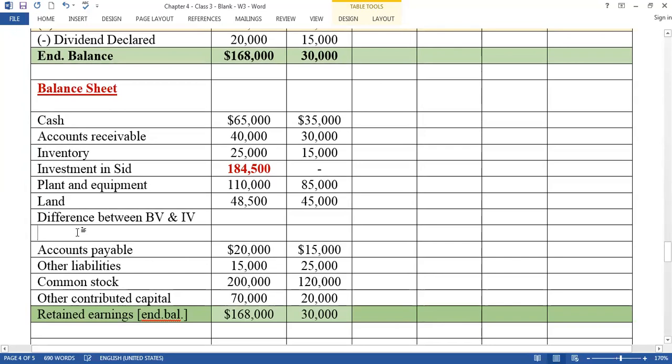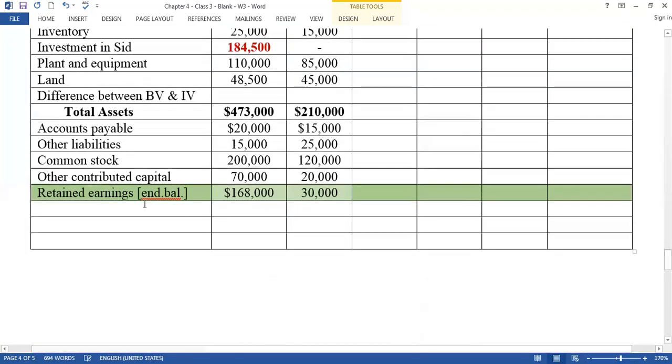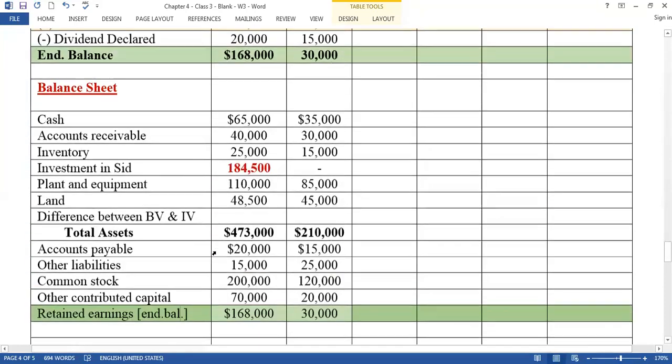Now we can add total assets. What is the total asset? Total asset is $473,000. And again you know that.